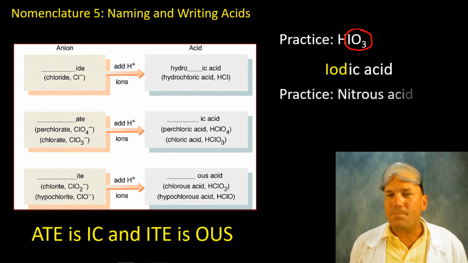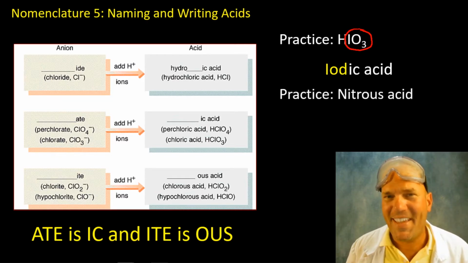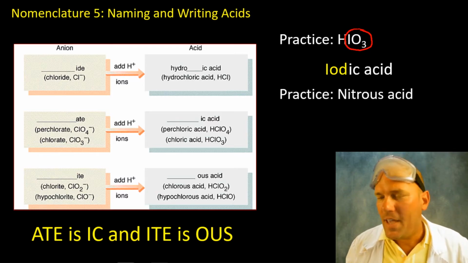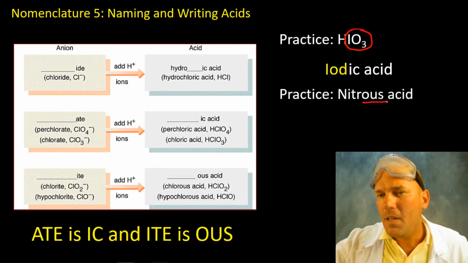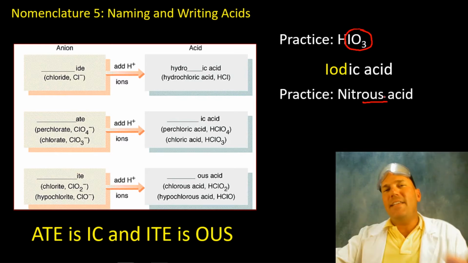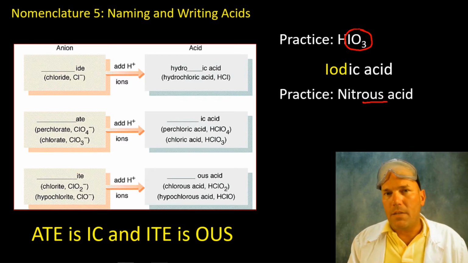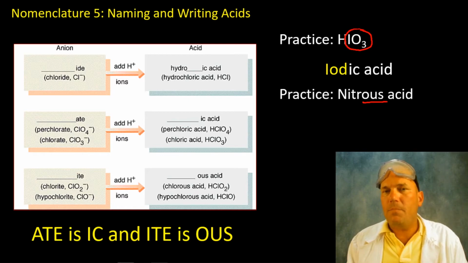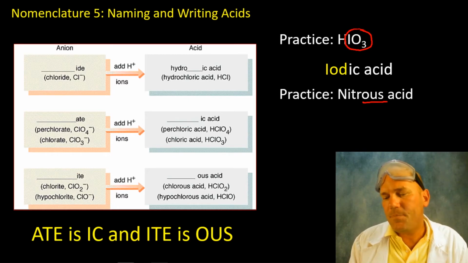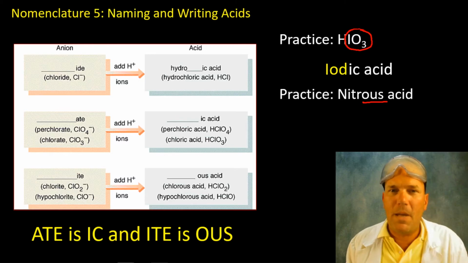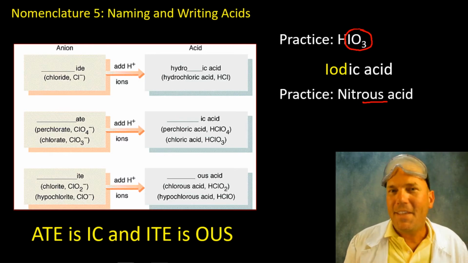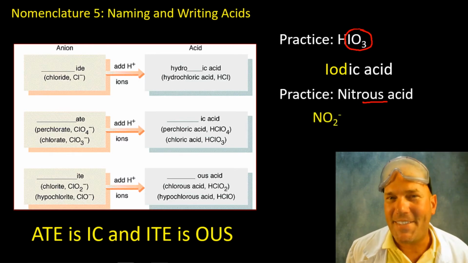Let's do another one. Nitrous acid. Okay. Ate is ic, ite is aus. All right. So I'm looking for something that ends in ite. And I know a polyatomic ion named nitrite.